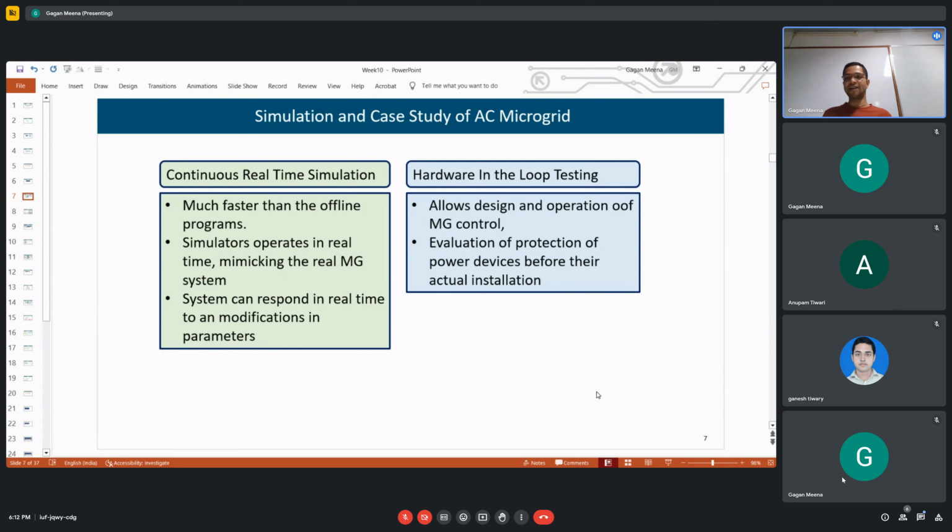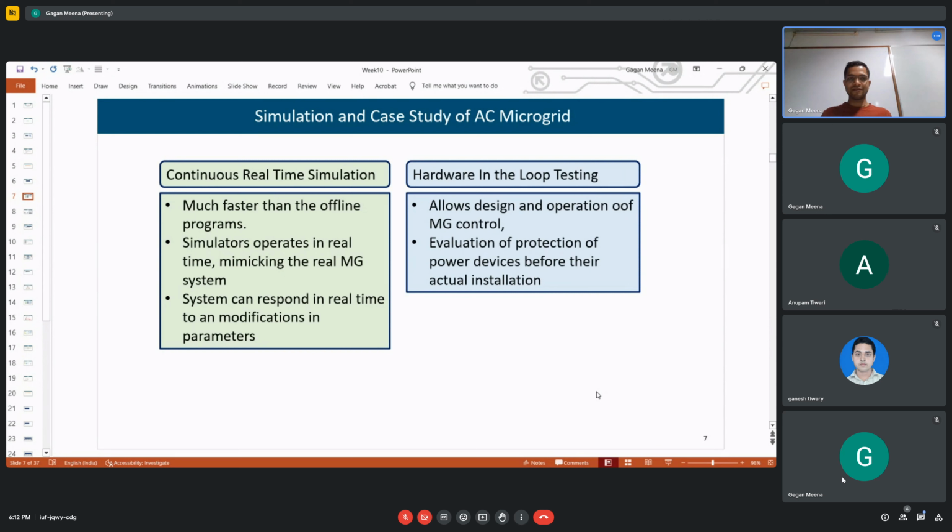So first we do simulation. The simulation is done in software itself. We now have real-time software based on EMTP, the electromagnetic transients. They model everything using the electromagnetic theory that we have studied, so all the models are based upon that.